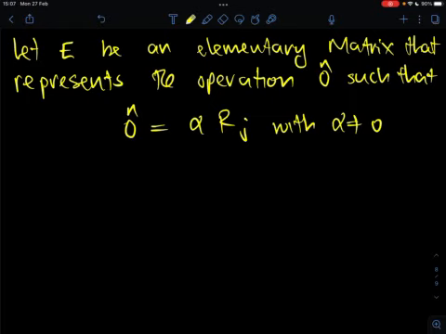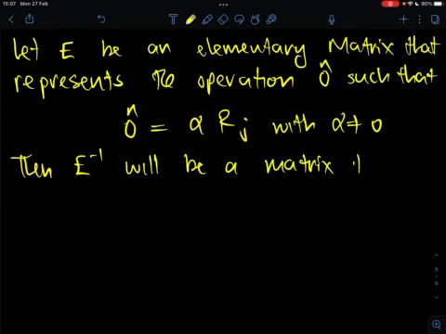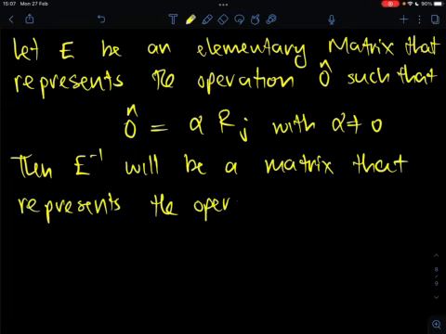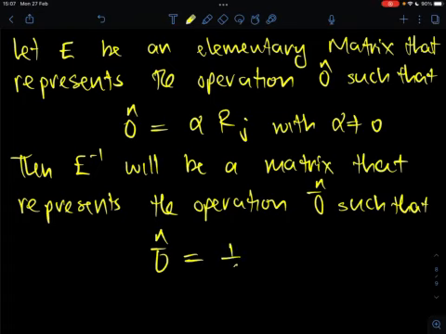Then E inverse will be a matrix that represents the operation O-hat, such that O-hat is simply 1 over alpha Rj.